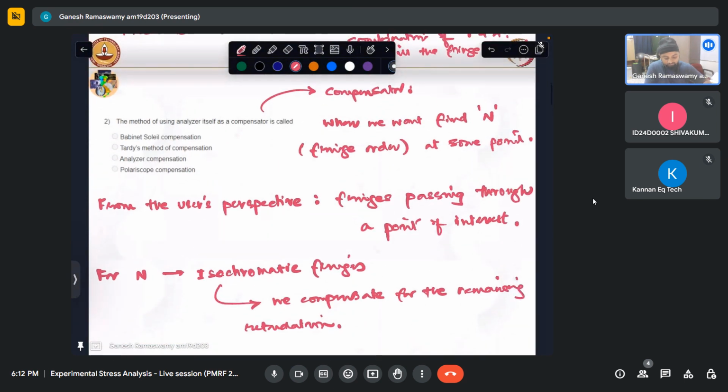There are a couple of types. This type of compensator, the Babinet-Soleil compensator, is an external device which we will align at theta p, and then we'll try to rotate it. It basically has a glass which can introduce one particular retardation by rotation of a knob, and that knob is actually calibrated.